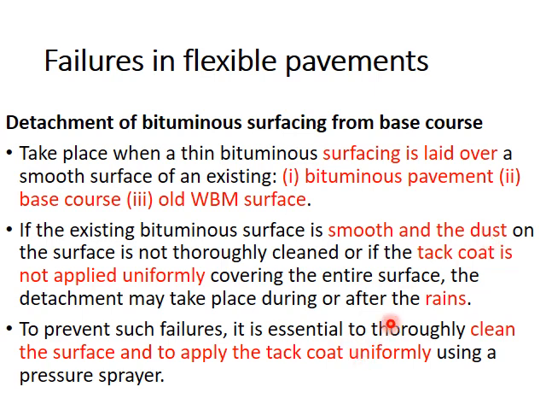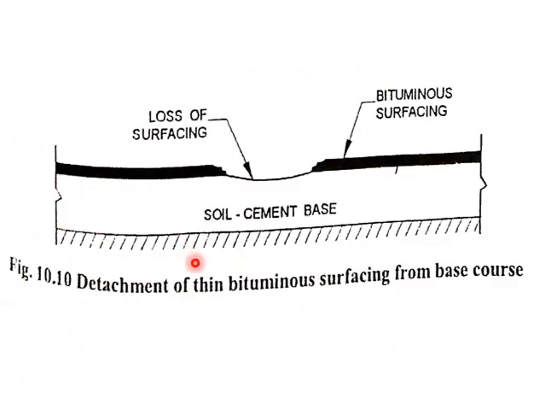This will usually take place when there is rain, that is due to the attack of moisture. The loosely bonded area between the layers will become more loose and the surface course will be detached from the base course. Here you can see that there is a bituminous surface course. Below that surface course you have the base course or the binder course.